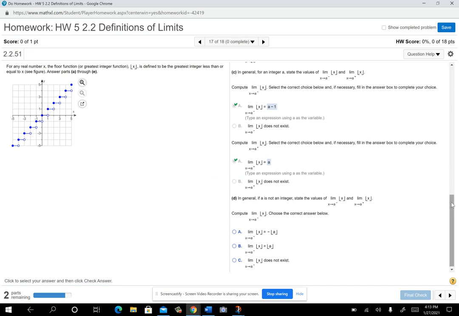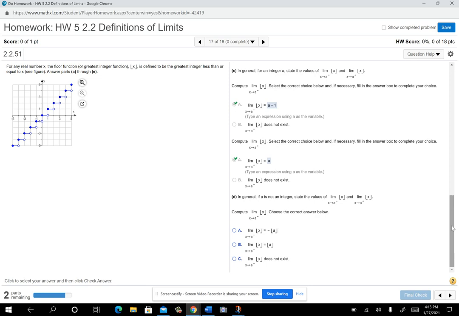Okay, now let's look at this one. This gets a little harder. This says if A is not an integer, what's going to happen as X approaches A from the left or from the right? Okay, so let's think about the one you did earlier. I'm going to have to snip this again.